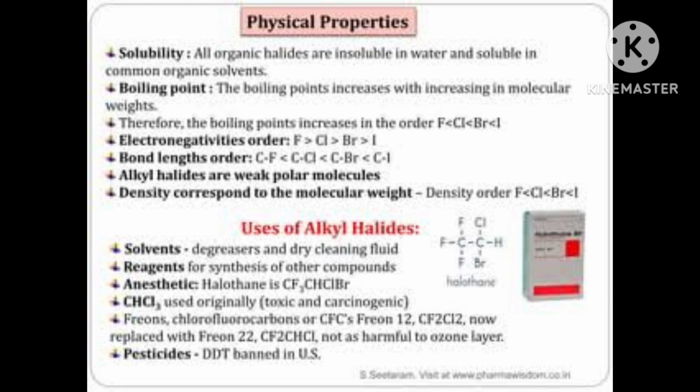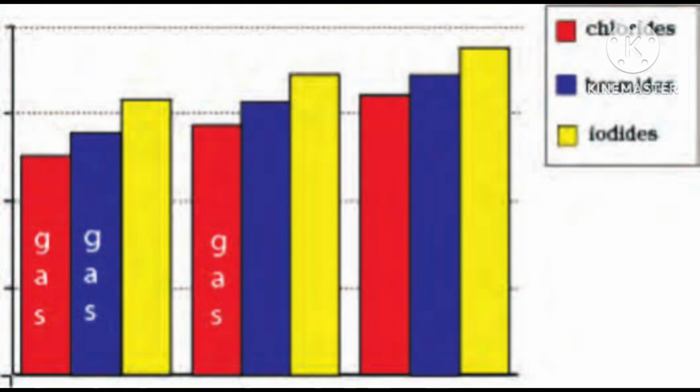Means the central atom out of 3, in the middle, has a methyl group attached and bromine is also attached. Correct? This is also actually a butane isomer.